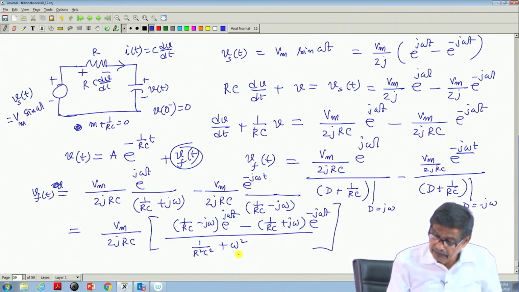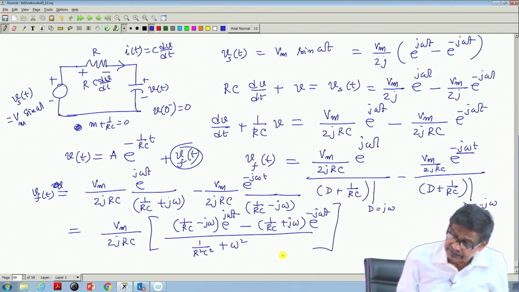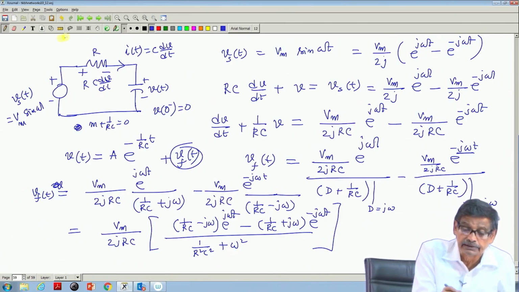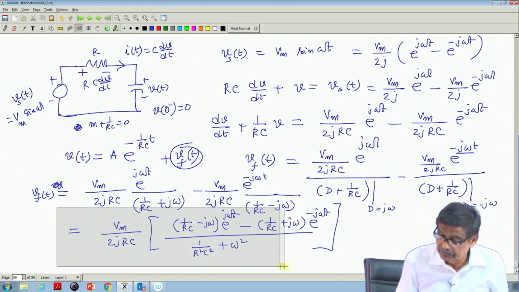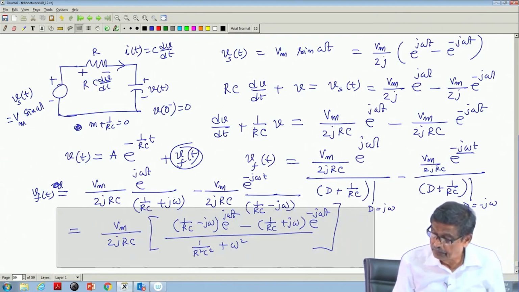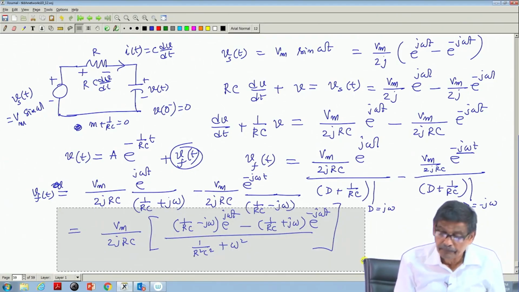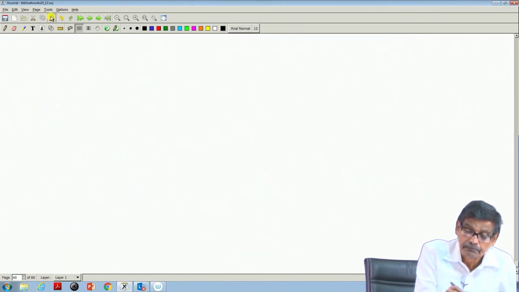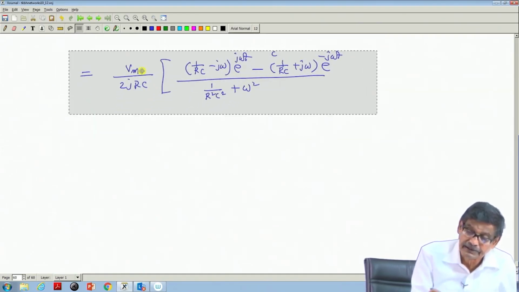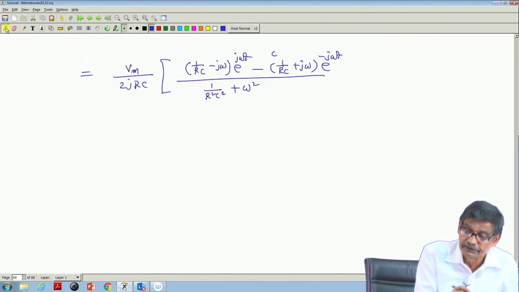Once again, this can be written as, let us complete this, so that at least to some extent let me complete. So, this is the thing you copy, go to next page and paste it. So this is the thing we have got.